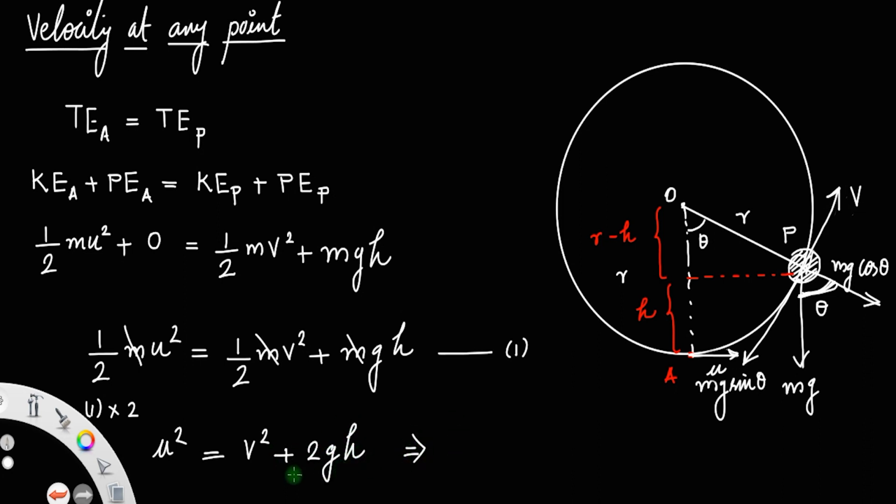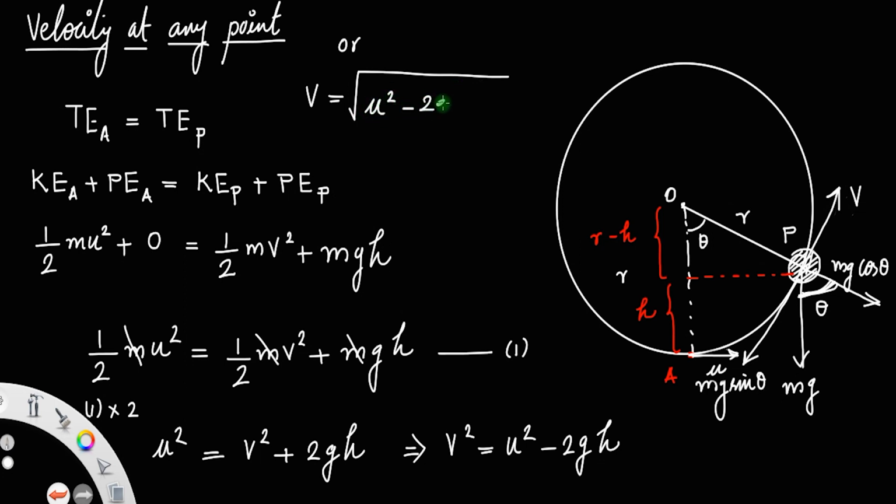Implies, if you take this 2gh to the left, then you get v square is equal to u square minus 2gh, or v is equal to root of u square minus 2gh. So this is the expression for velocity at any height h in a body in vertical motion.